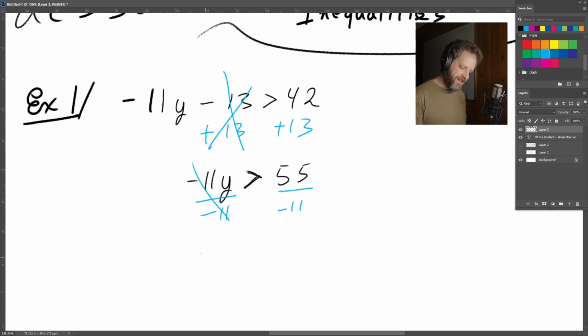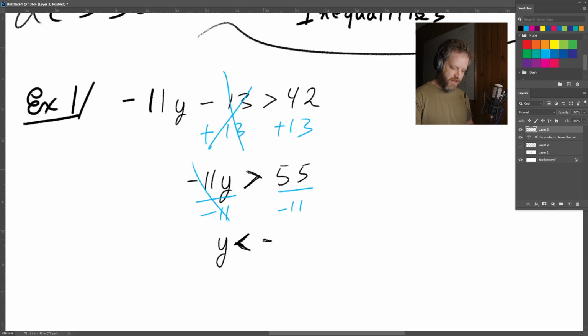Okay. So, what should I write down next, ladies and gentlemen? Lies! Did I divide by a negative? Yeah, I was hoping somebody would say that wrong so I could yell lies. Because remember, when we divide by a negative, we flip the inequality.